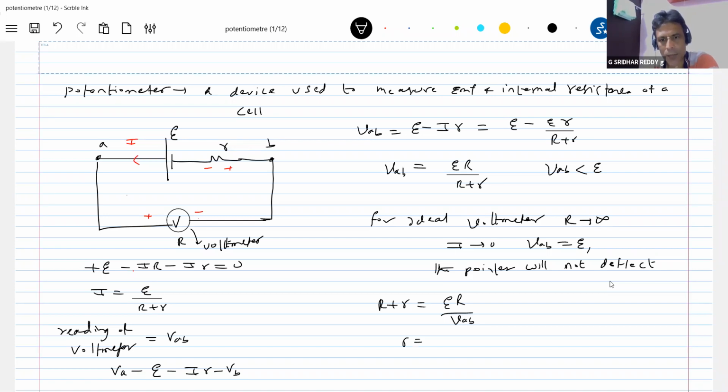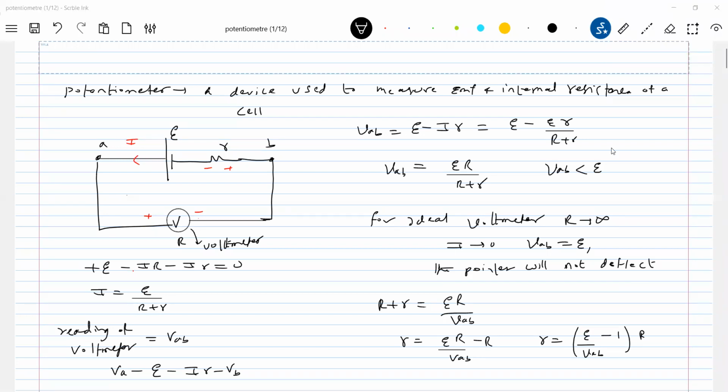So with further simplification, the expression will end up like this: r equals (E by VAB minus 1) into R. So how to measure the internal resistance of a cell? Measure the applied EMF, and measure the terminal voltage by connecting external resistance R.